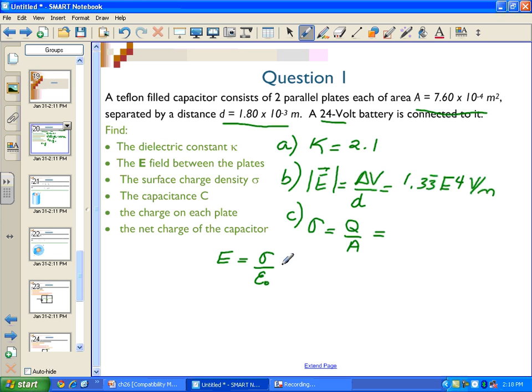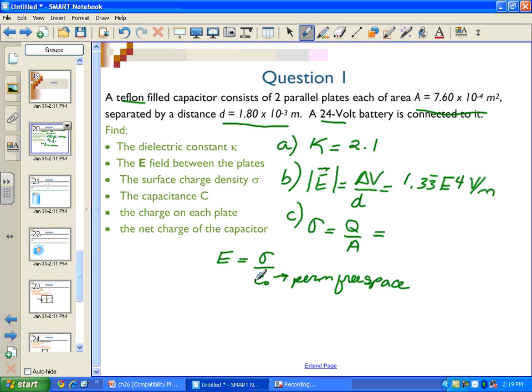Okay, well, how about this? Suppose that we do not have vacuum between the plates, because if you recall, this is the permittivity of free space. But our space is no longer free. Our space is filled with Teflon. So the value here, epsilon naught, is no longer representative of the material that separates the plates.